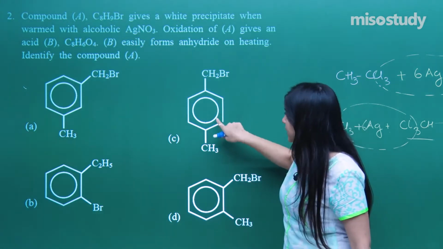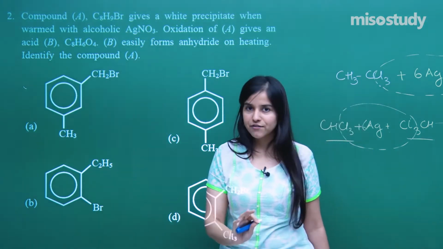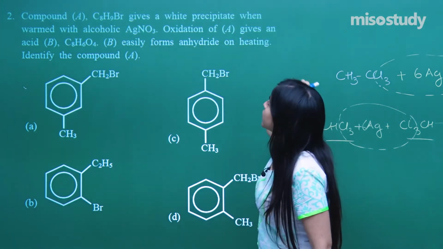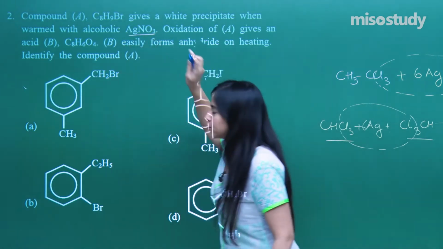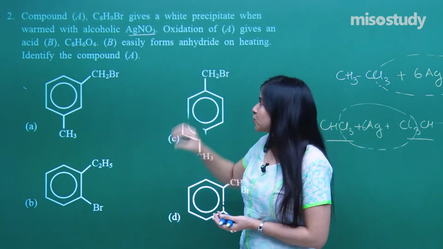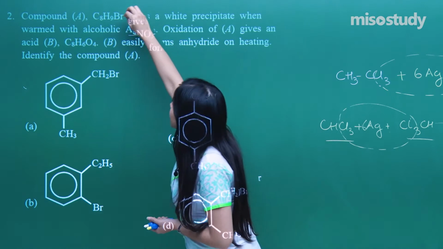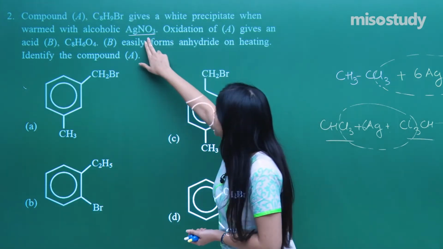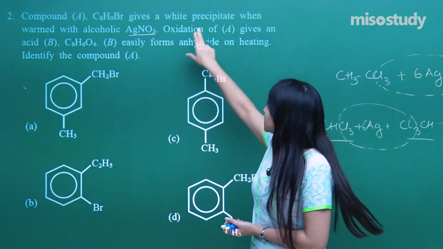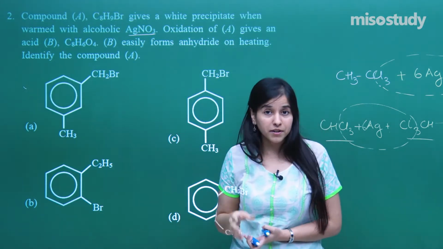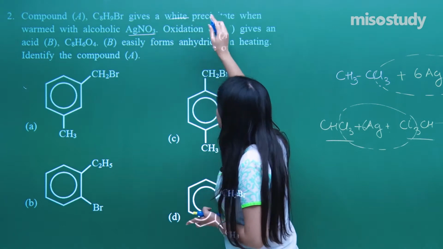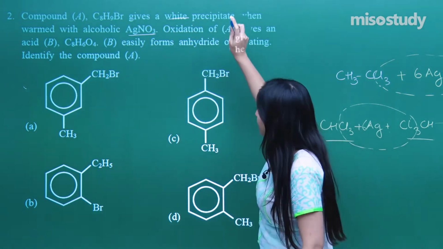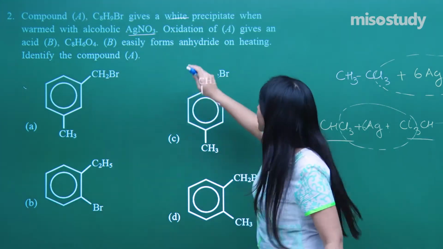It actually has an aromatic ring that is definite, gives a white precipitate when warmed with alcoholic AgNO3. So whenever we have got a bromo compound and it reacts with AgNO3, we are not getting a white precipitate here, it may be a misprint. We get a light yellow kind of precipitate whenever there is the reaction.